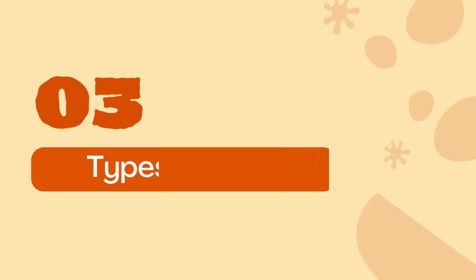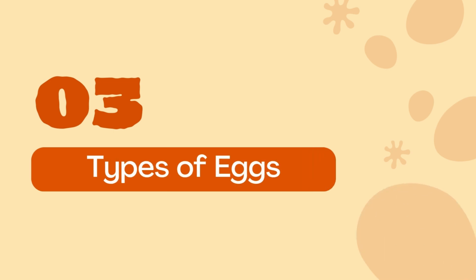The third part is different types of eggs. The different types of eggs contain oviparous eggs, viviparous eggs, ovoviviparous eggs, and placental eggs. And it depends on whether the egg is laid outside the mother's body or inside the mother's body.